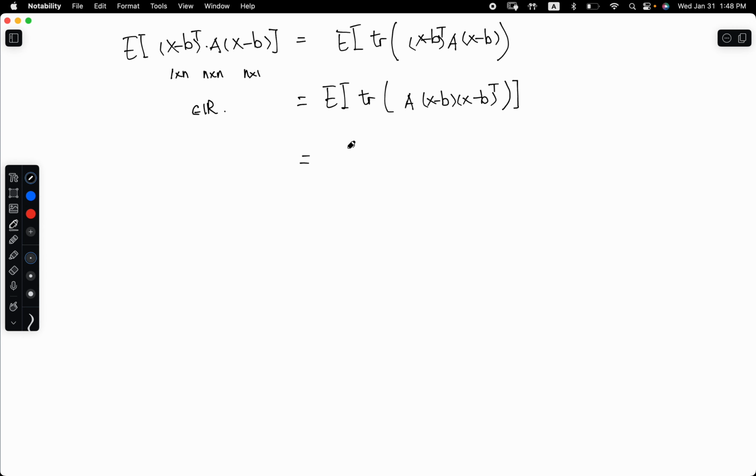Then we have a trace of the expectation. Maybe I can jump a few steps, since a is a constant here. When we evaluate the expectation, we can move it outside. And we have x minus b transpose. Okay, let's see.